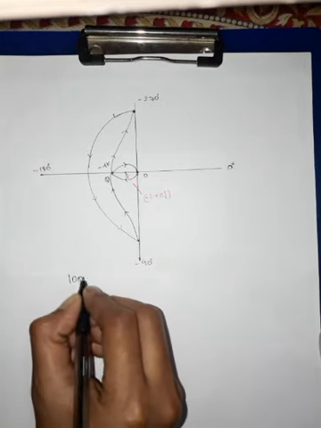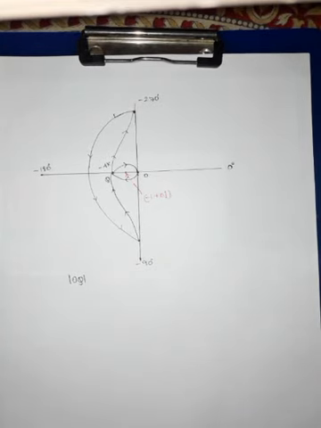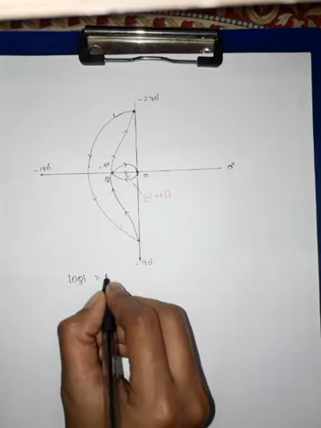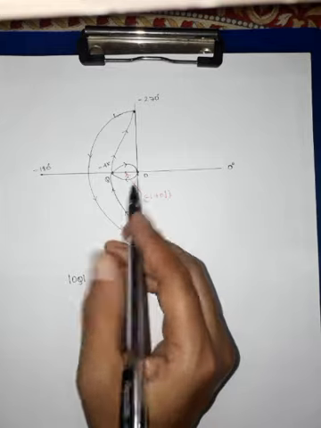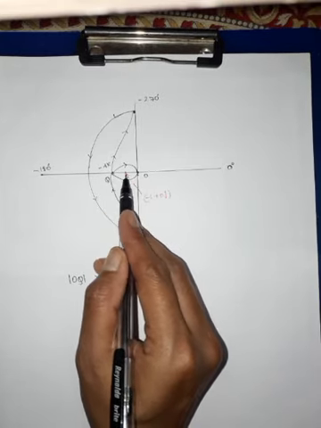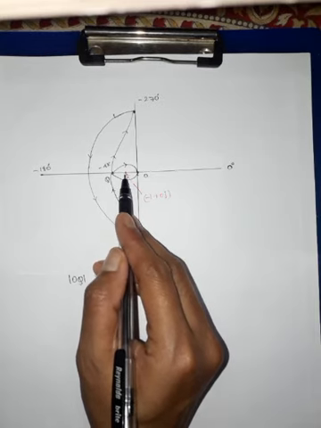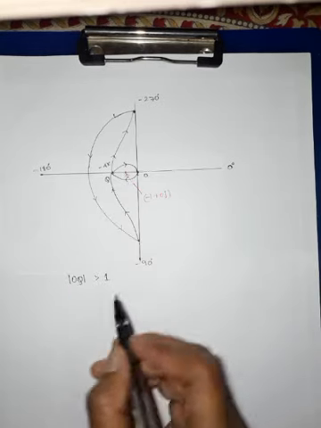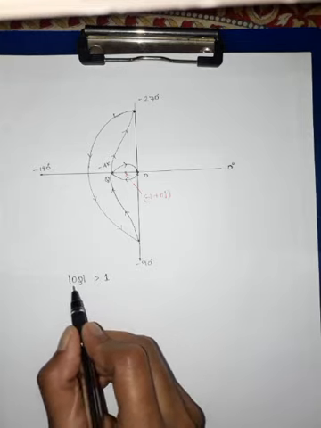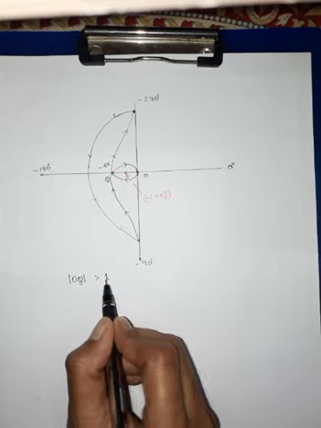With respect to that, OQ should be greater than 1, because only if OQ is greater than 1 will the critical point be inside this OQ. For that reason, I am going to consider the condition OQ should be greater than 1.